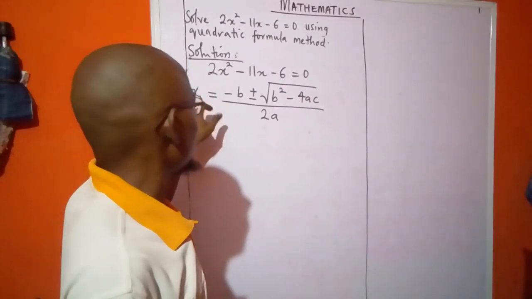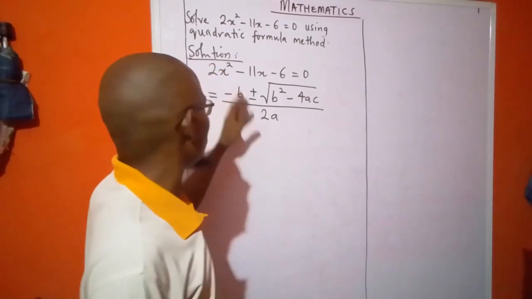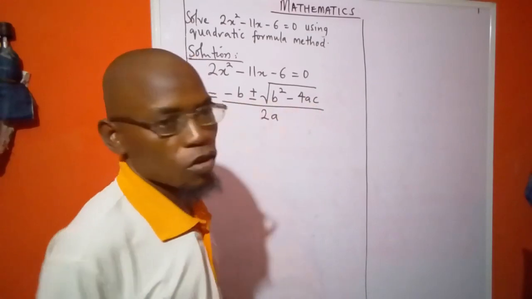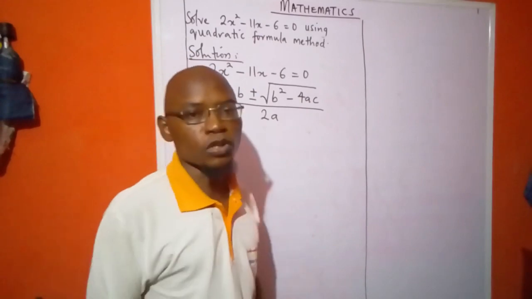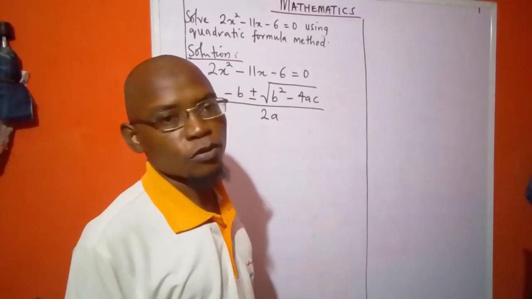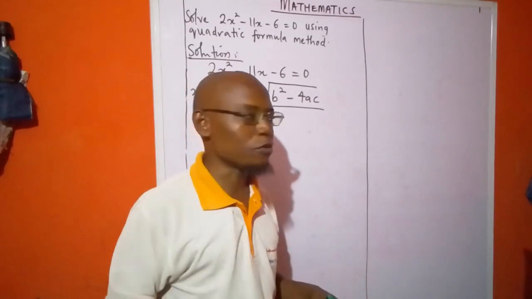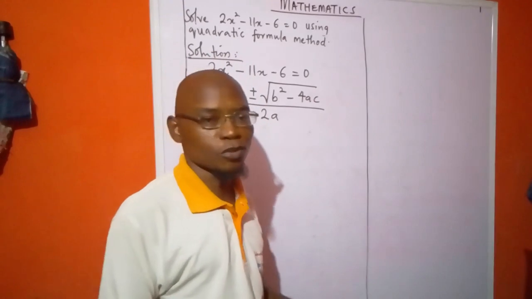Then you will be asking yourself, what about the b, the a, and the c? Where did they come from? If you continue with us, you will know how to identify them from the equation given to you.